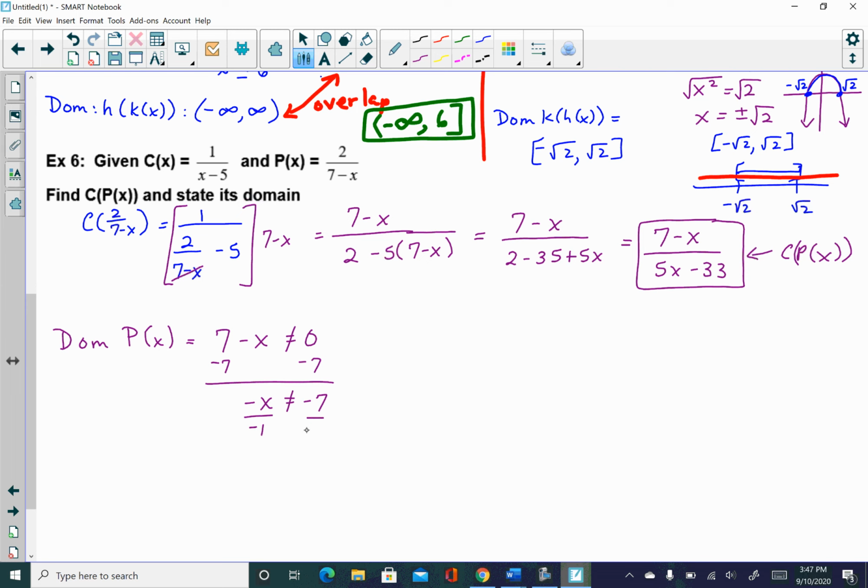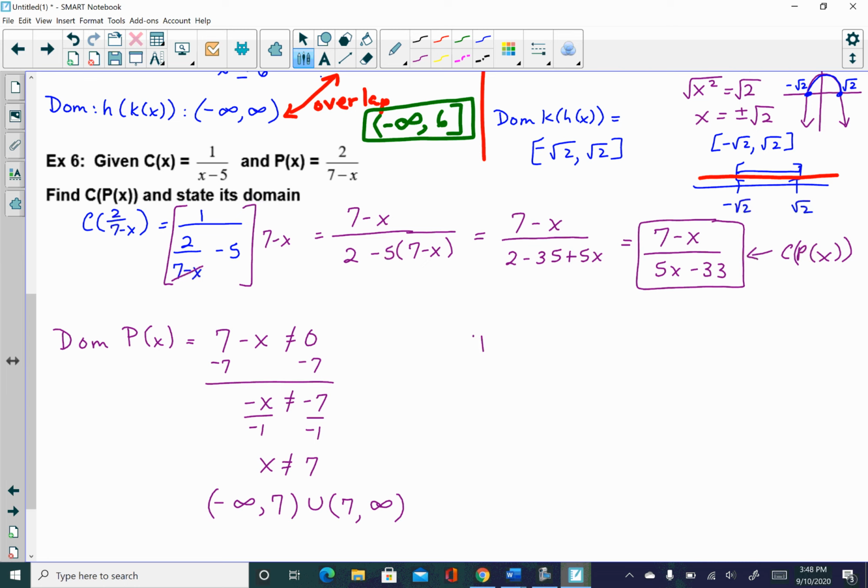Divide by negative 1. So x cannot equal a positive 7. So my domain that I'm getting from here: negative infinity to 7, parentheses on both, unite that with 7 to infinity.